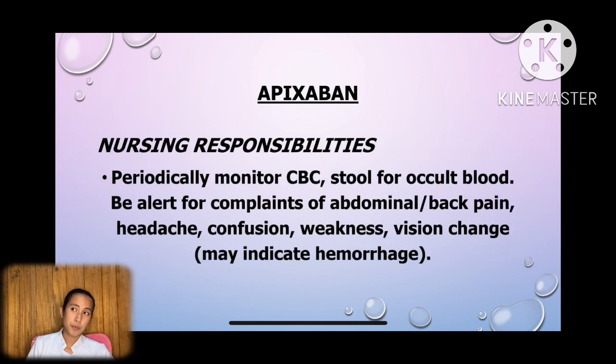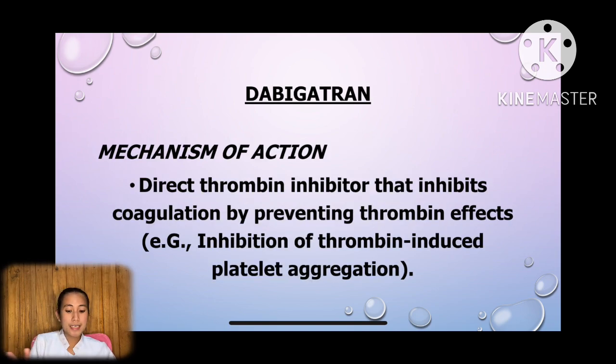So the nursing responsibility of apixaban is that periodically monitor CBC. So again, you're going to monitor its CBC. Stool for occult blood. Be alert for complaints of abdominal, back pain, headache, confusion, weakness, vision change. May indicate hemorrhage.